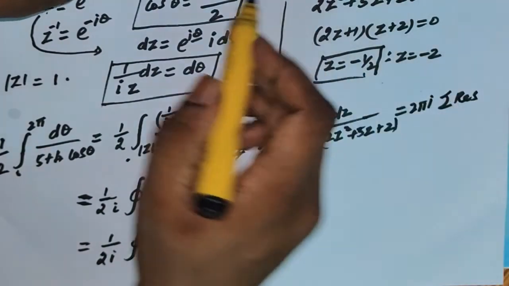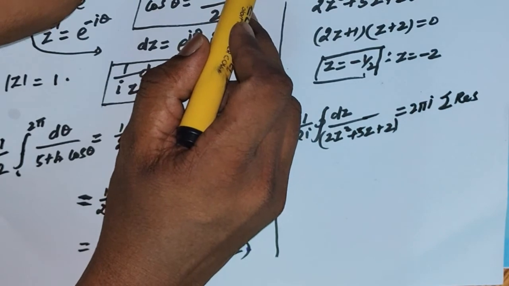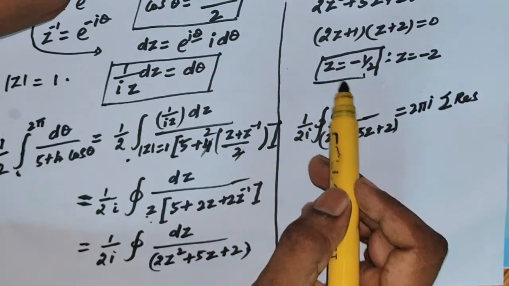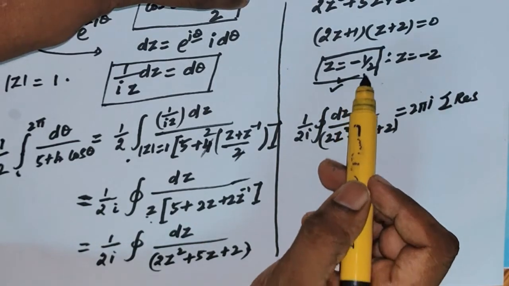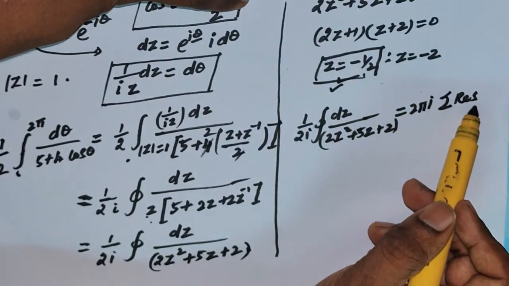Here we are having only one pole, that means only at this point it goes to infinity. At z equal to minus 1 by 2 only it goes to infinity, that is the pole. We need to remove that pole, we want to find the residue value.